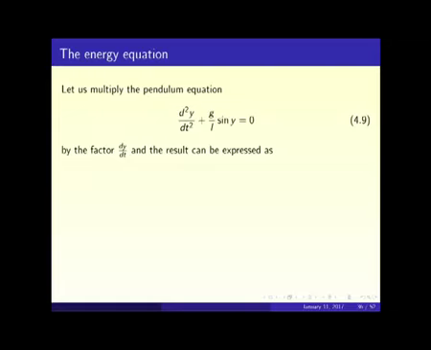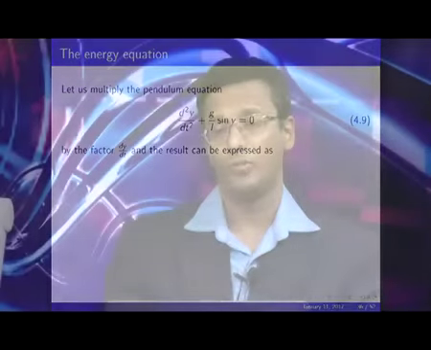You get dy by dt into d2y by dt squared. Okay. So throw in a factor of 2. You get 2y dash y double dash. What is 2y dash y double dash? What are you going to get if you differentiate y dash squared?